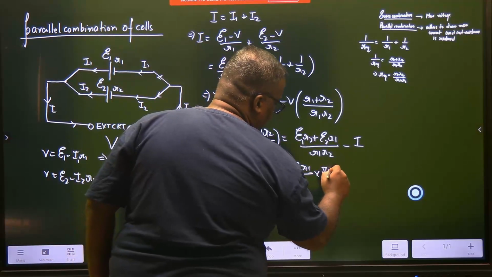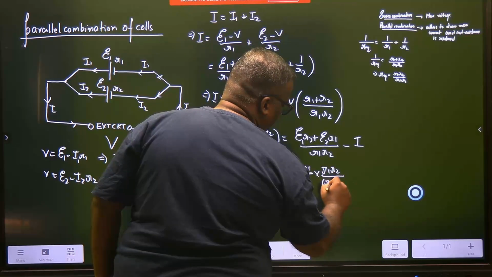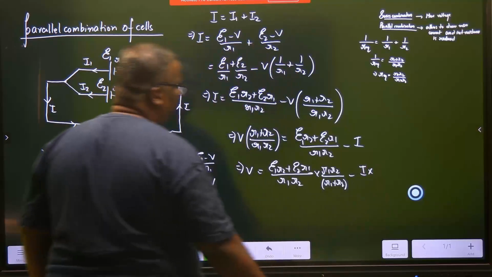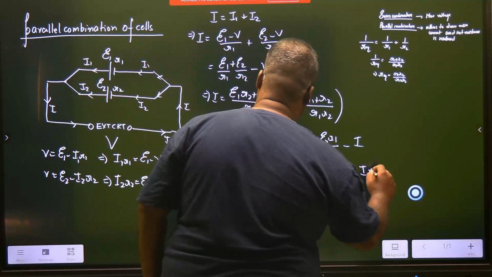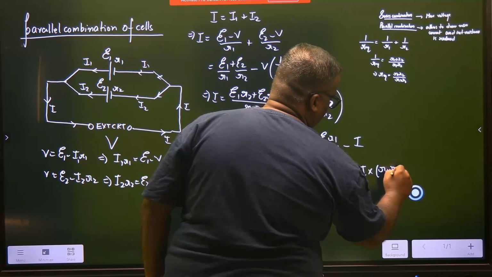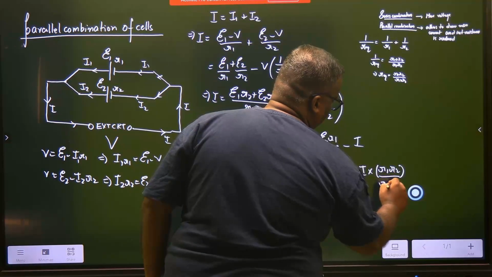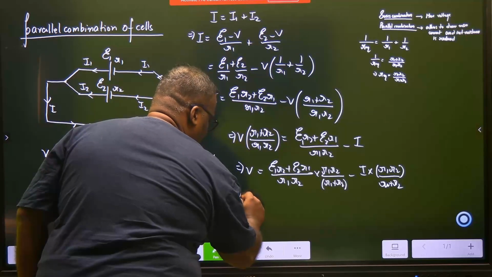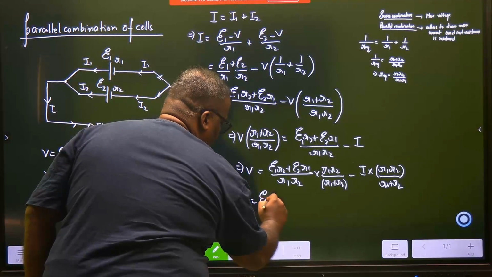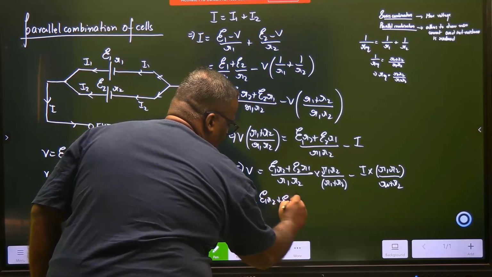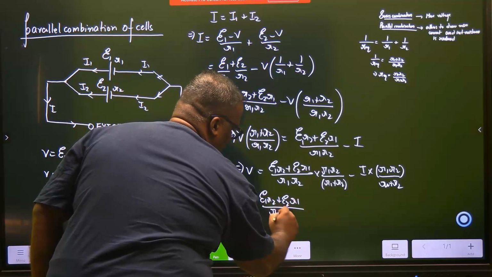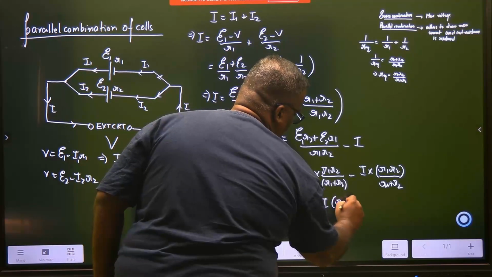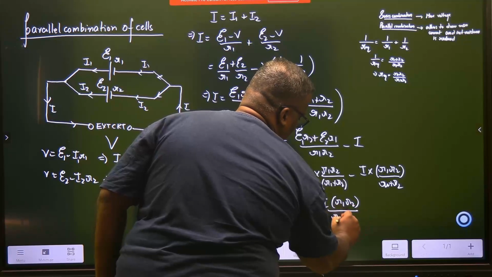It becomes R1 R2 divided by R1 plus R2 minus I into R1 R2 divided by R1 plus R2. Now this is very interesting, right? So finally I write my V as E1 R2 plus E2 R1 divided by R1 plus R2 minus I R1 R2 divided by R1 plus R2.